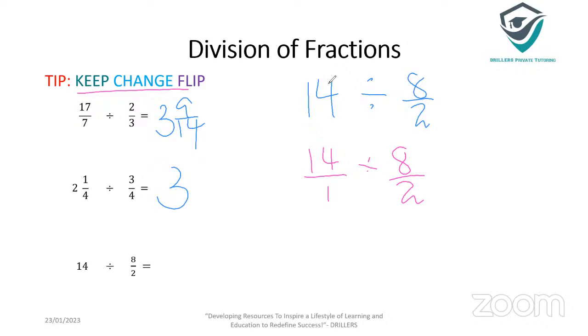So we keep the first fraction, 14 over 1, which is the same as 14. We change the sign from division to multiplication, and we flip the divisor. So we have 8 over 2, and we're going to end up with 2 over 8.